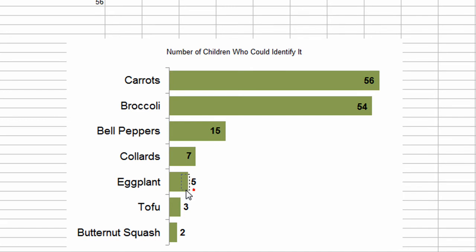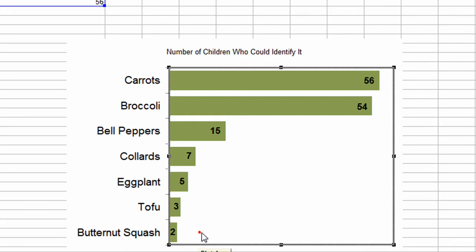It's going to be a little tricky here. Tiny. Okay, but now you know what they are. You know what the numbers are, and you can see which children identified the carrots, the broccoli, and all that. It's very easy to see.